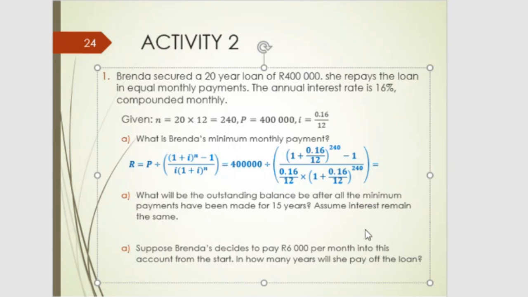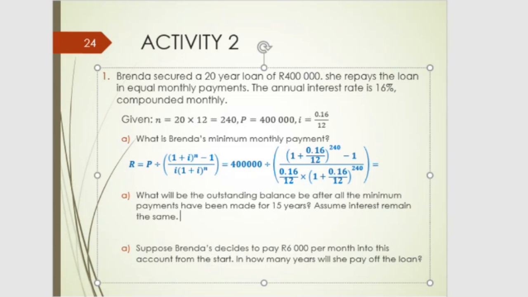I'm not sure, but they say outstanding balance after the minimum payments have been made, meaning that we are supposed to subtract the 15 years from the 20 years, and then calculate the outstanding balance using the remaining years.